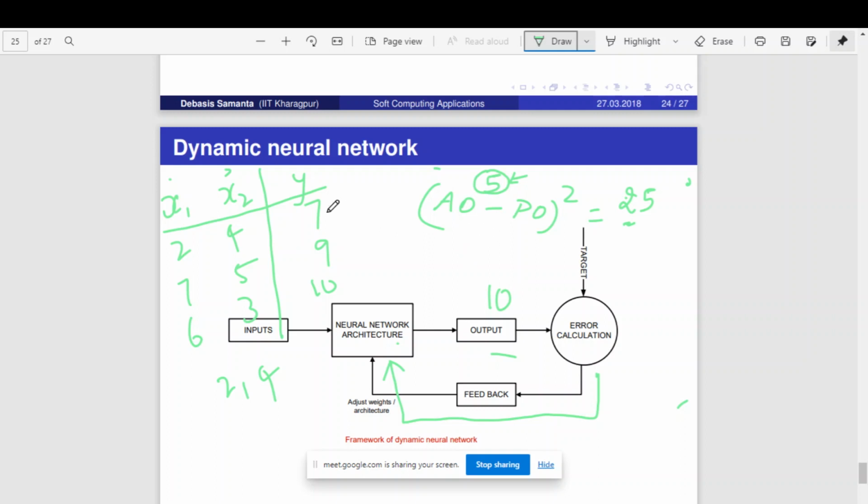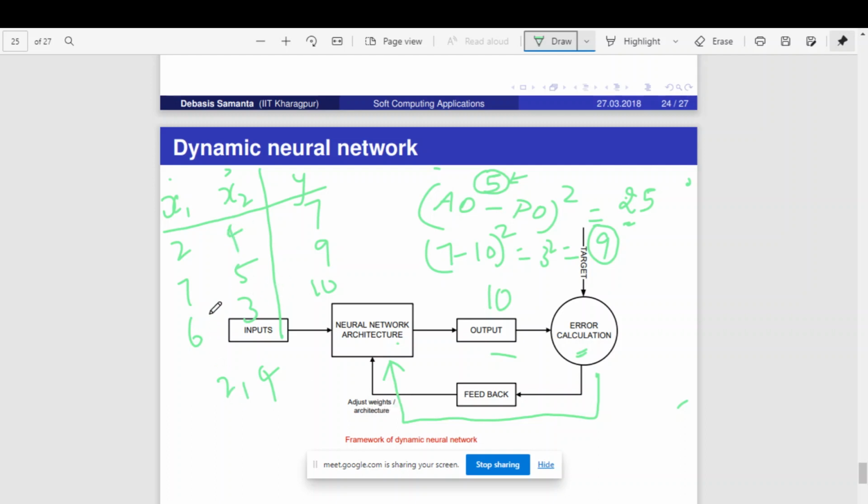Actual output is 7, predicted output is 10, so 7 minus 10 is minus 3. We take the square of that, so it is 9. So this much error is there. Like that the error will be calculated and given as feedback to the neural network. Based on this error value, the neural network will adjust the weights.